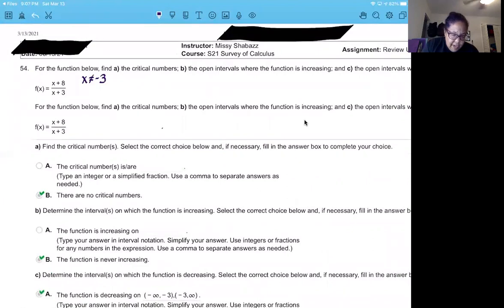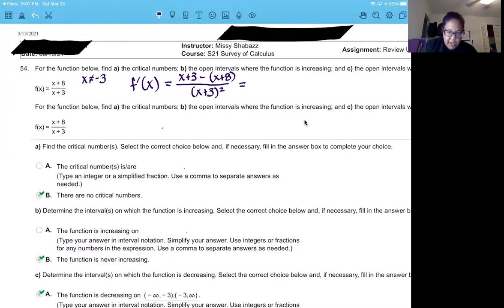So let's go ahead and take our derivative. So the derivative of the top is 1 times the bottom plus, whoops, not plus, minus the top times the derivative of the bottom. And the derivative of the bottom is just 1 over the bottom squared.